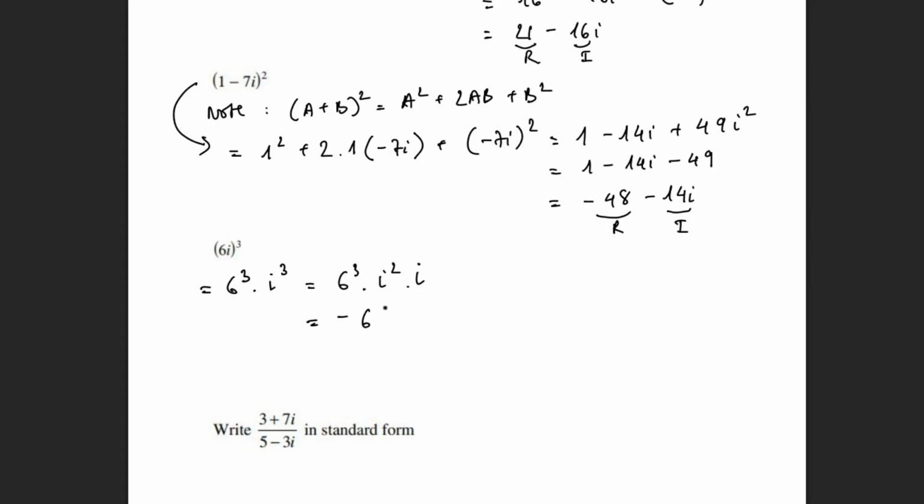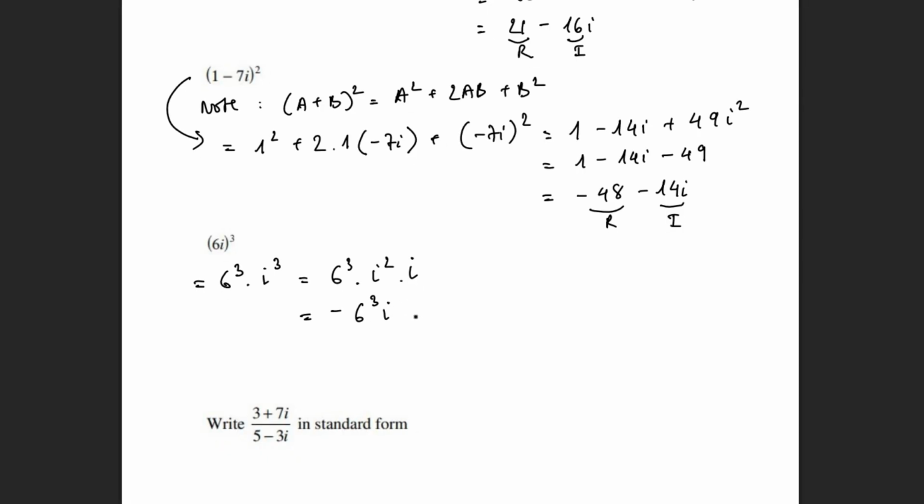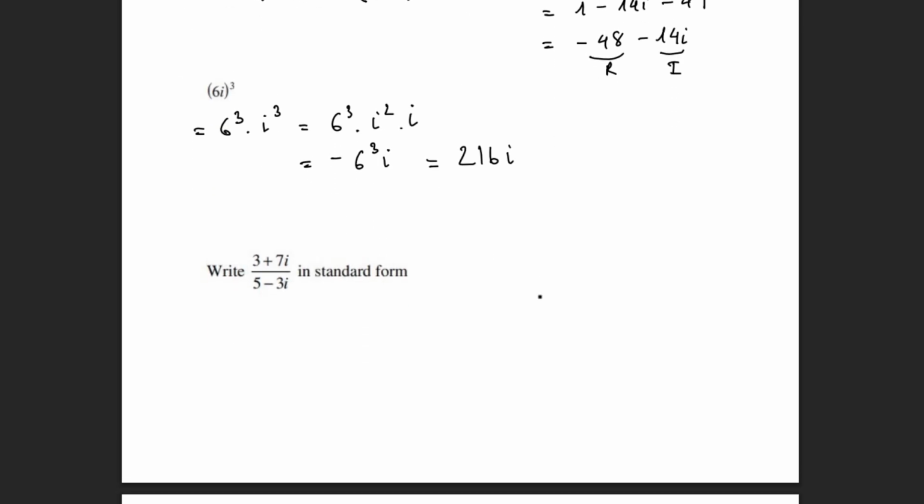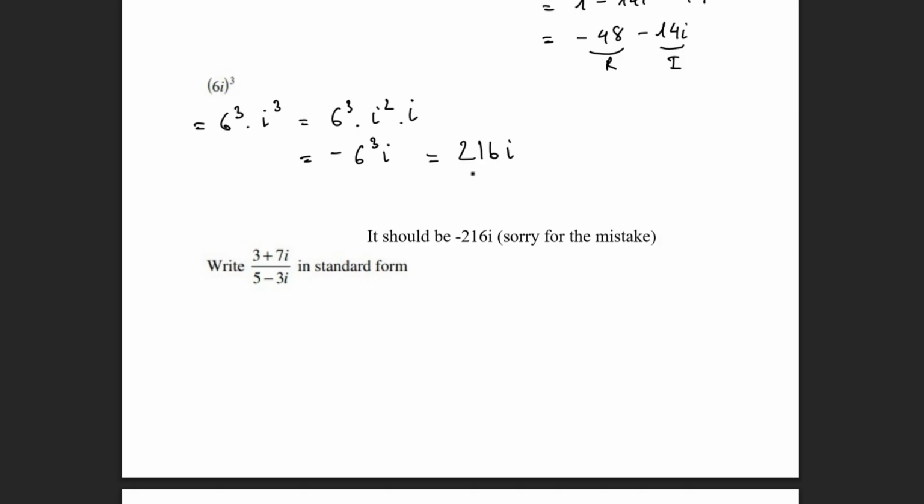So it's going to be -6³ times i, so it's going to be -216i. Alright, so in this case, this is the imaginary number and 0 is the real number.